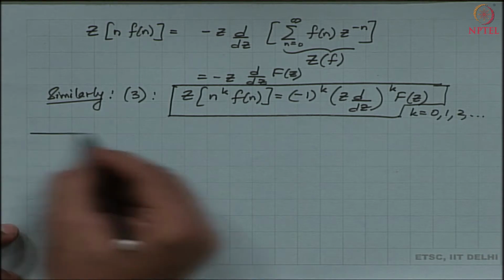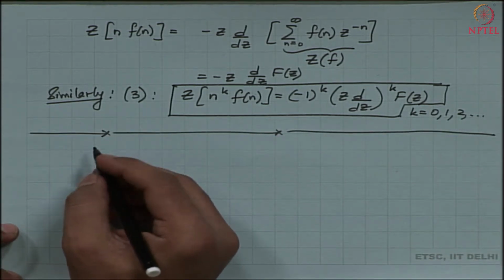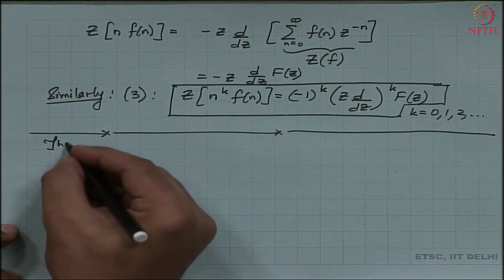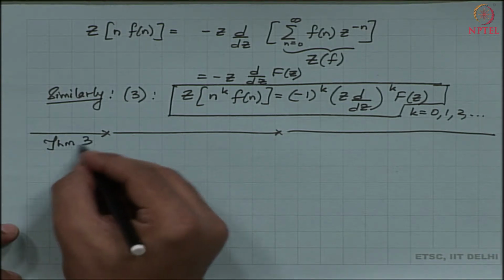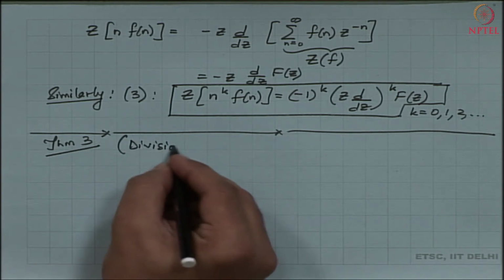So, then I have one more result, and that is the result with regards to the division of the z transform with a factor. So, let me call this a division theorem.